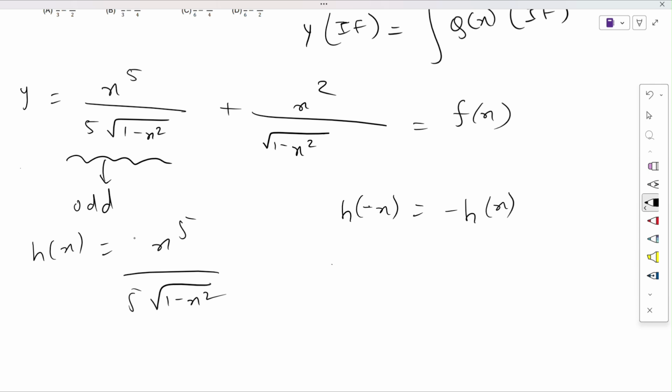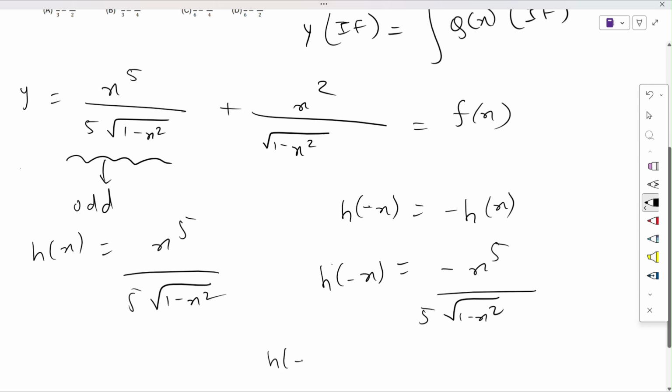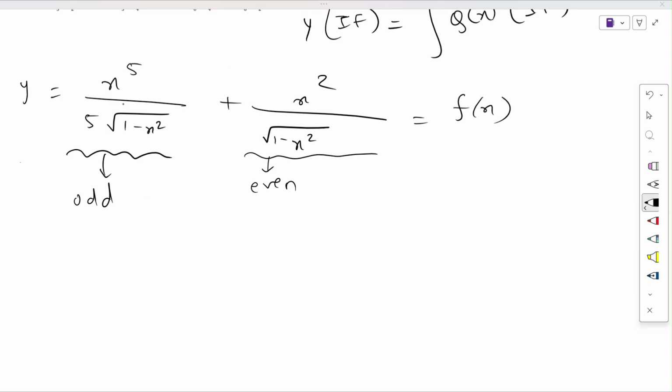So h of minus x will be minus x to the power 5 upon 5 root 1 minus x square. So h of minus x is nothing but minus of h of x, so it is an odd function. Similarly, the other term is an even function. You can check it. So the integration of the odd function will be 0.